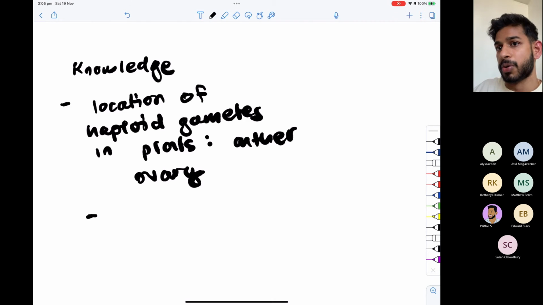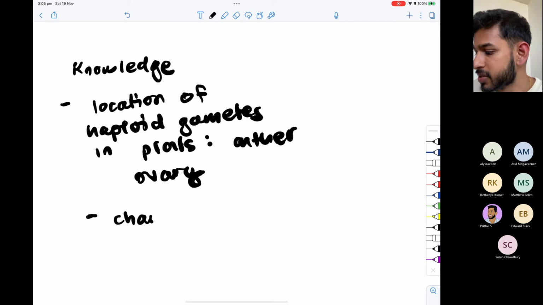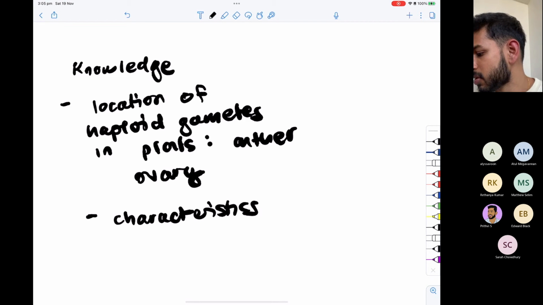Also, location of DNA and how it's stored, because when we're trying to combine and form a new offspring, the understanding of characteristics are expressed from DNA.